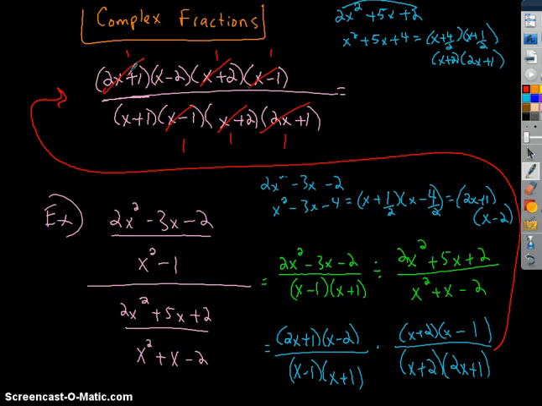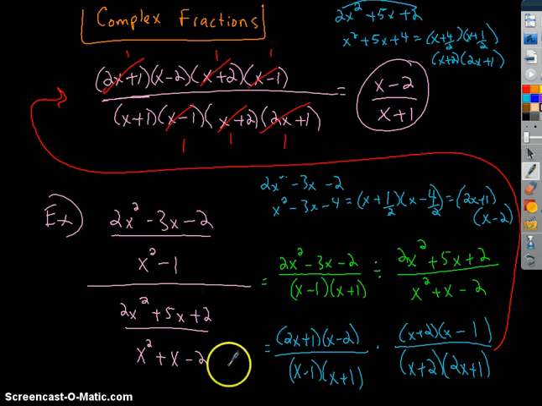So the only thing left in the numerator is x subtract 2, divided by x plus 1. So my final answer is x subtract 2 divided by x plus 1 after you reduce this complex fraction.